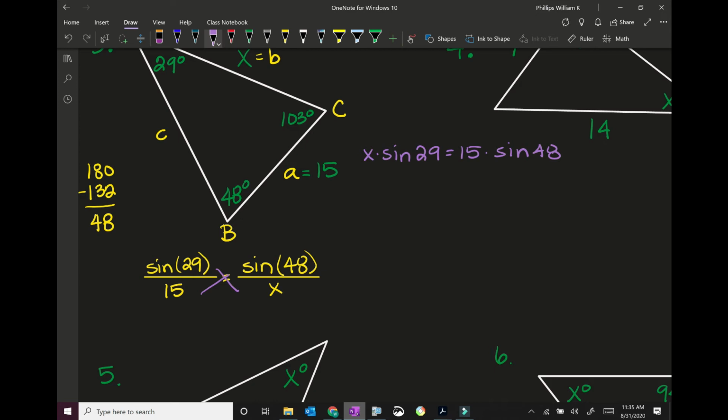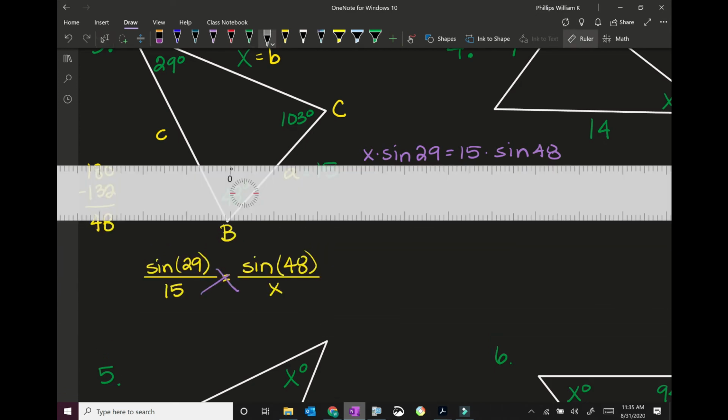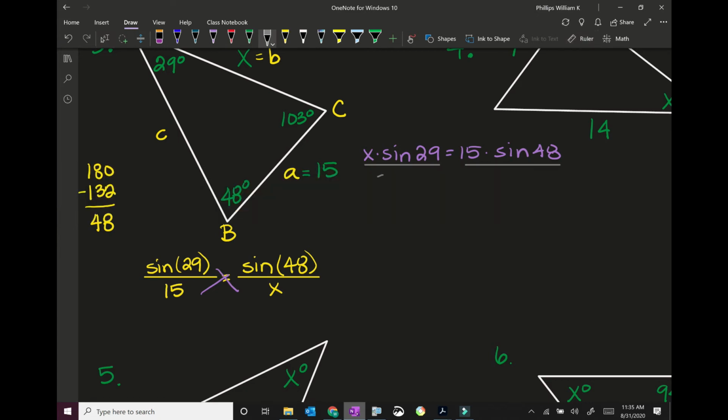So we want to isolate the x, so we will divide by sine of 29. Now we'll have our approximation once we put this on the calculator.